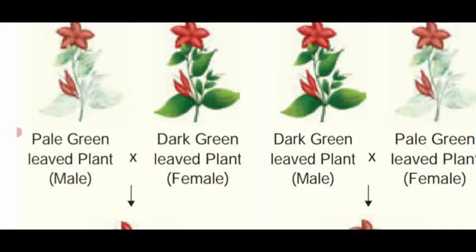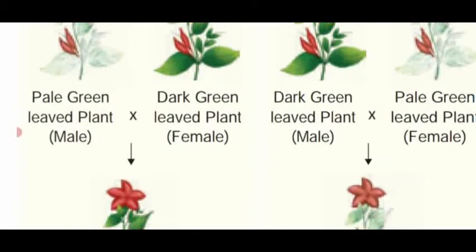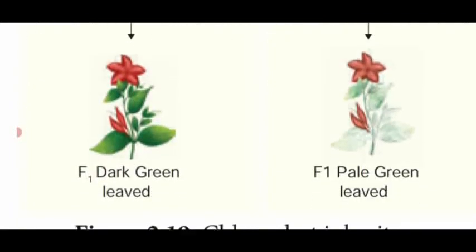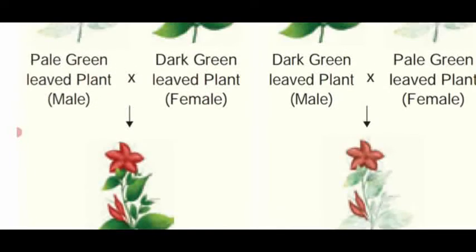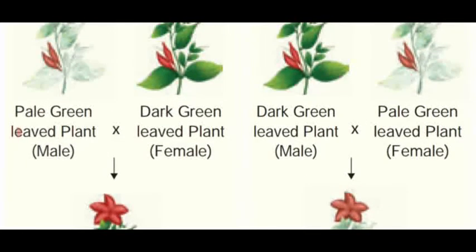In the second diagram, there is a dark green leaved plant with a flower which acts as the female. So pollen grains are transferred from the pale green to the dark green. In the F1 generation, we get all dark green leaved plants. That is, they show the female parental character.